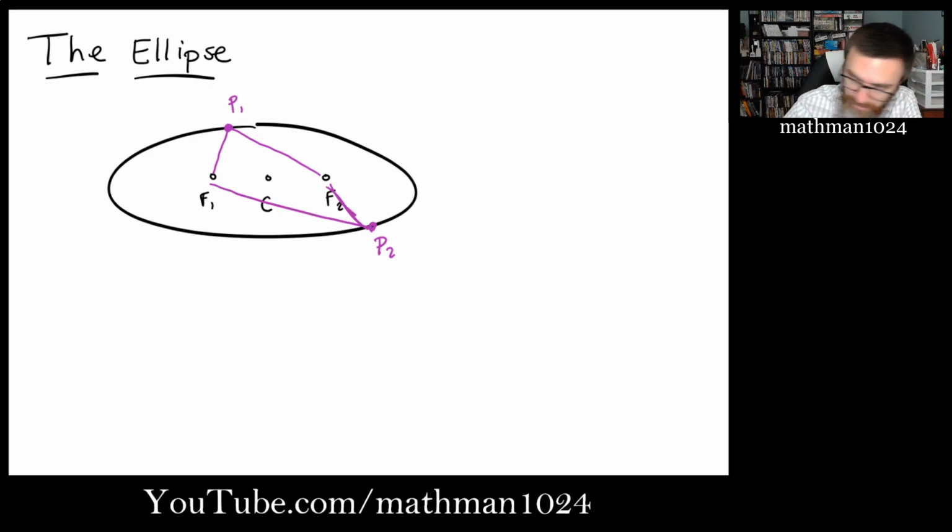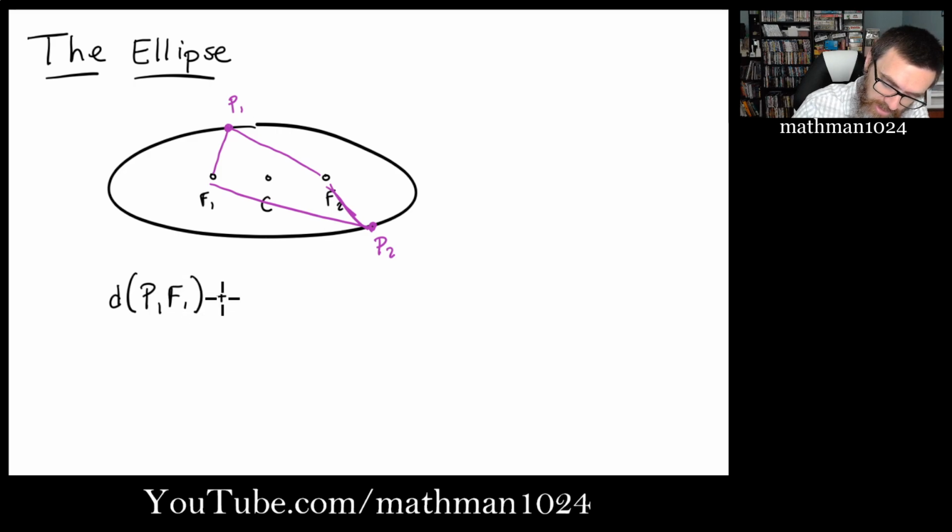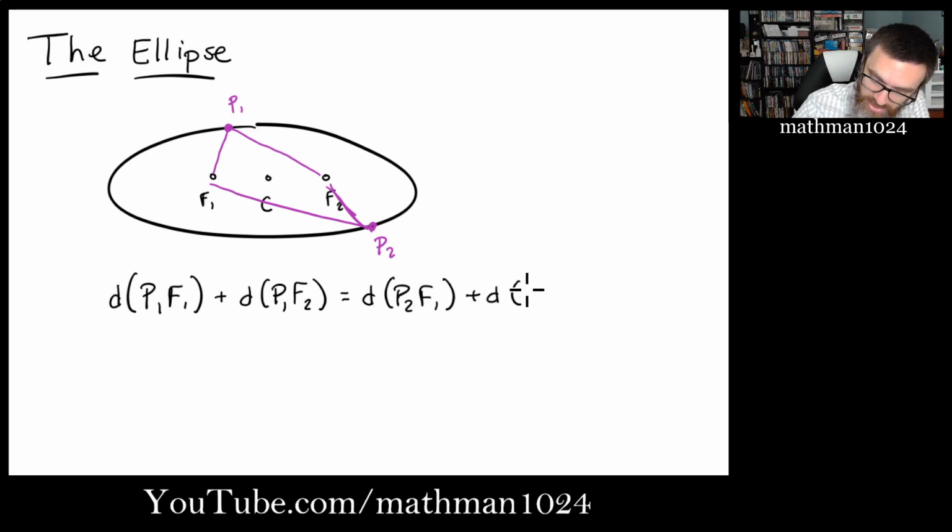So in other words, the distance from P1 to F1 plus the distance from P1 to F2 will equal the distance from P2 to F1 plus the distance from P2 to F2.